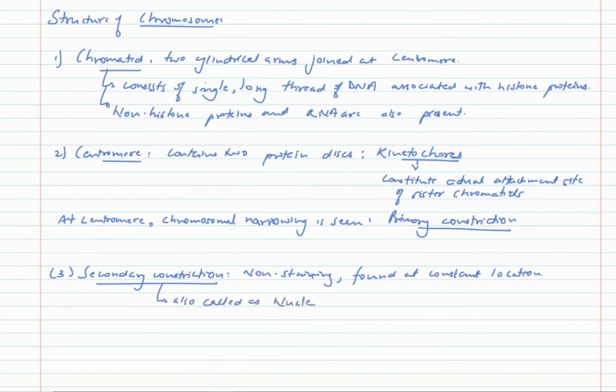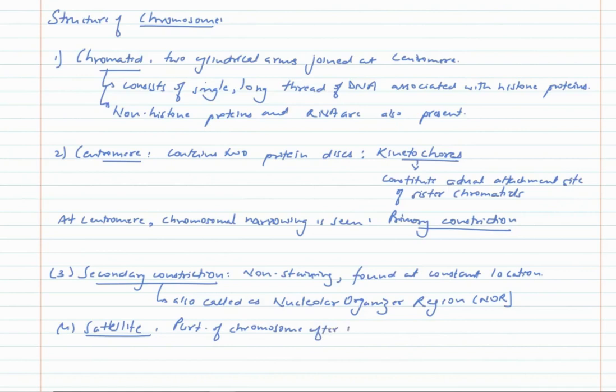After secondary constriction, we have the presence of satellite. Satellite means it is a part of chromosome after NOR or secondary constriction.